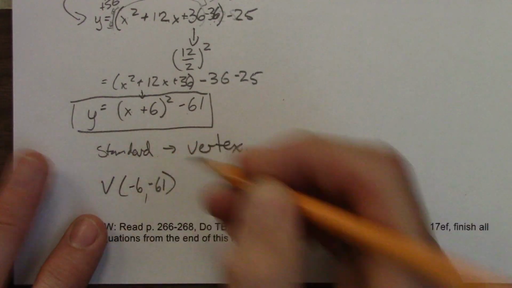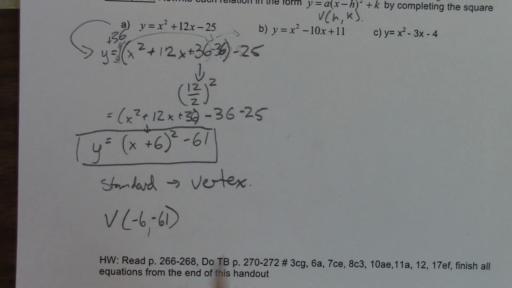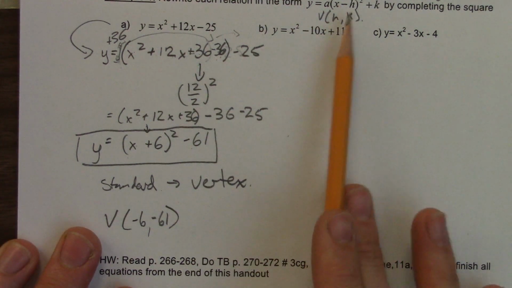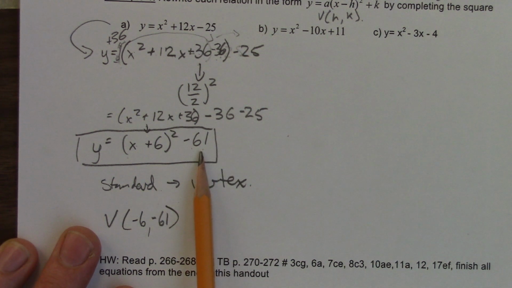Now, if you did all of this great work and you can't pull the vertex out, or you get one sign wrong, you say it's negative when it's positive, all of the work you did is for nothing. Because now when you go to answer the word problem, your answer is not going to make sense. You have to remember that the vertex is HK. This changes sign and this sign stays the same.